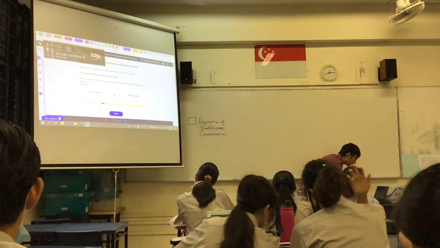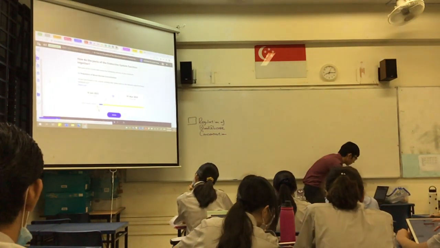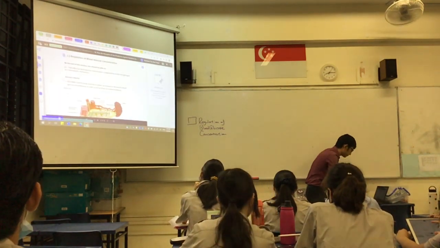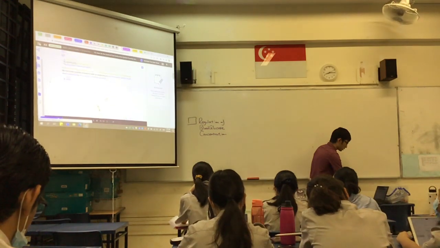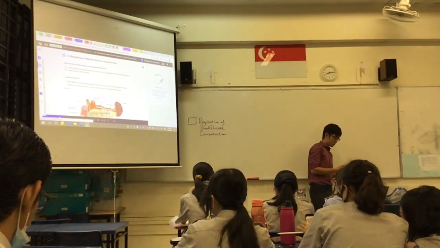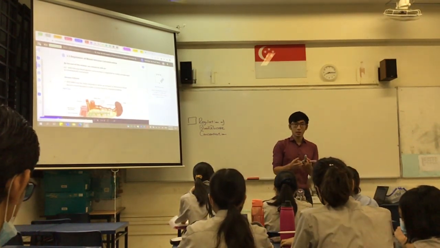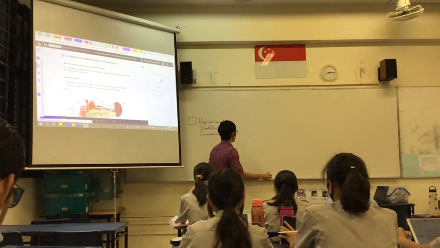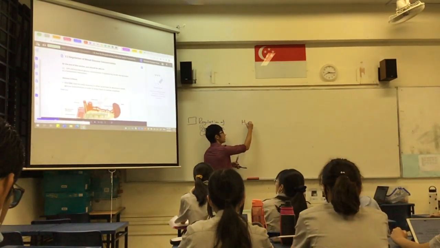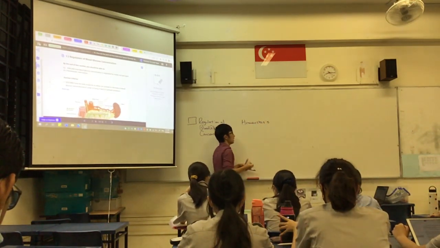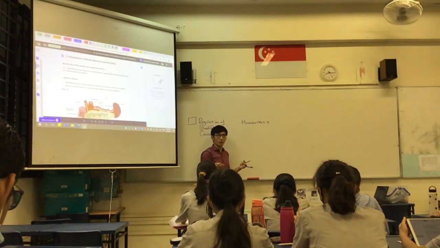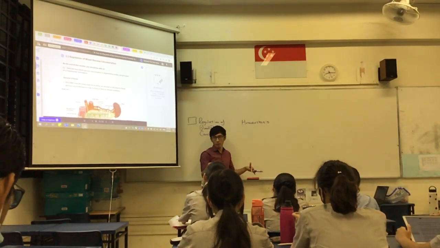While you slowly ease in, I'm going to do a quick recap of what we've done so far. Previous chapter, we were on homeostasis. The idea of homeostasis is to regulate a stable internal environment.